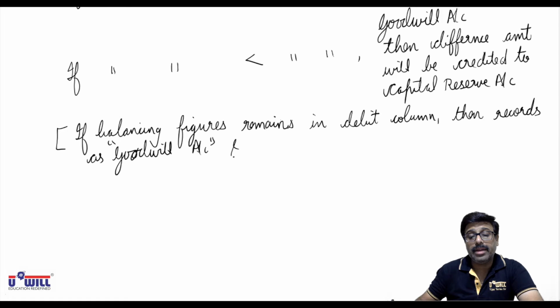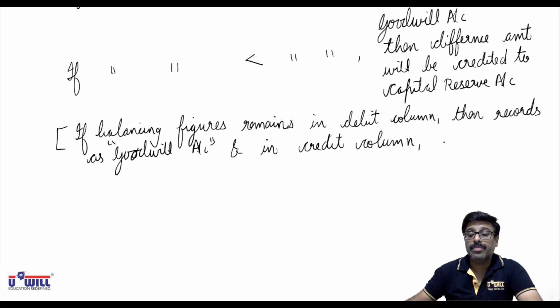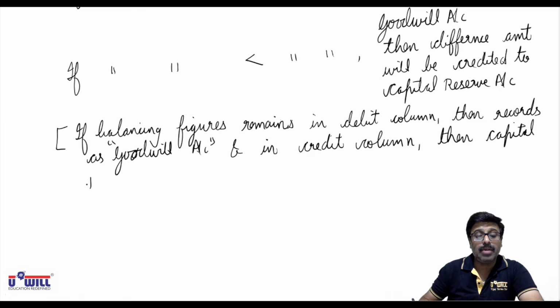And in credit column, then capital reserve account. So this shortcut we will be following. Okay, if it remains in credit column, then recorded as capital reserve account.